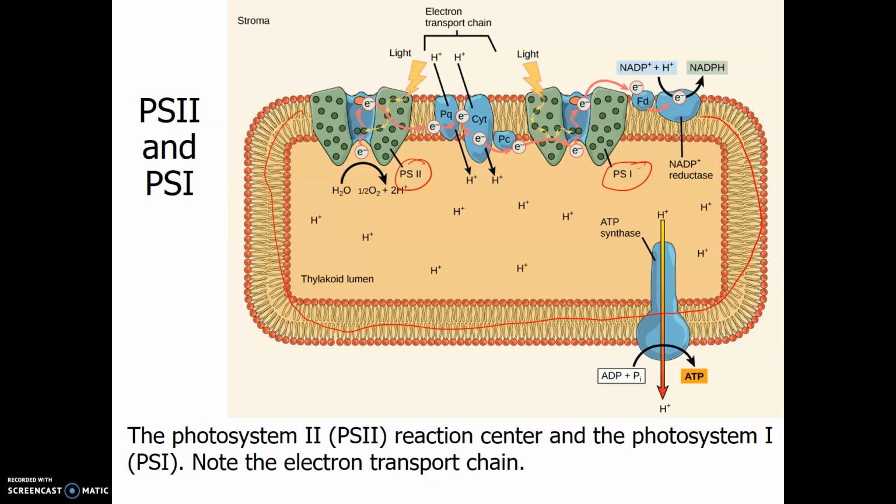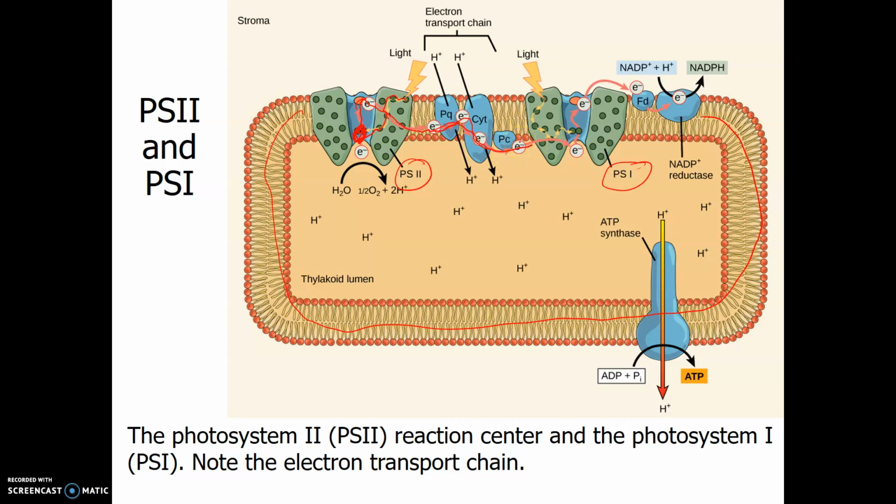So once the electron is excited and it moves from pigment to pigment to the reaction center chlorophyll A molecules to the electron acceptor, then that electron travels through these blue molecules in that double phospholipid bilayer, which are electron carriers, and those electron carriers are what compose the electron transport chain.